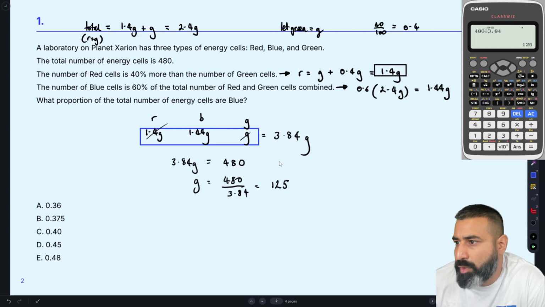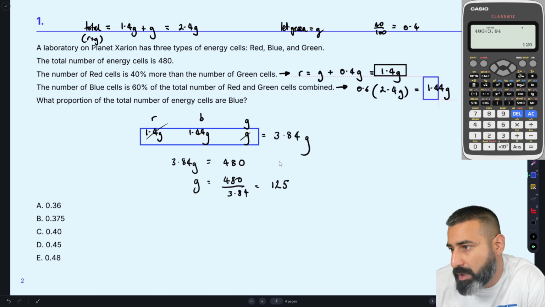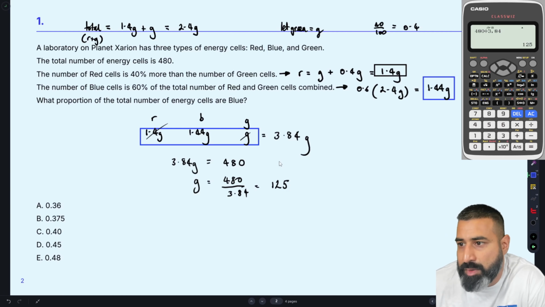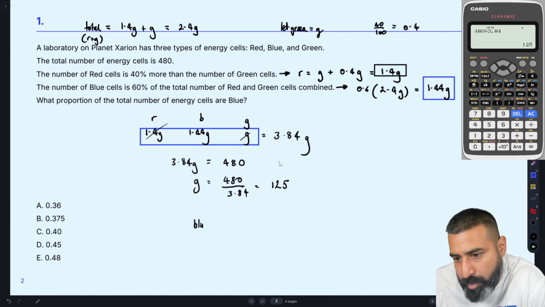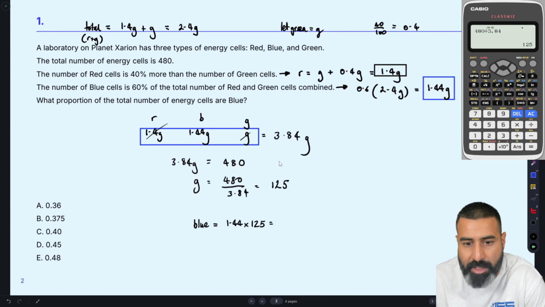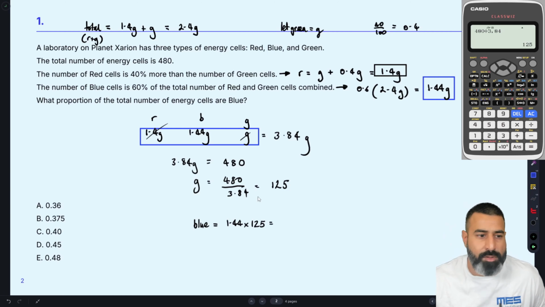Okay, so what else? So we also know that the number of blue cells is 1.44 times G. We know that. So blue is equal to 1.44 times 125. So what do we get? So we get 180.